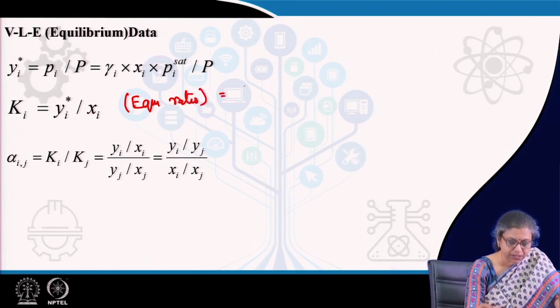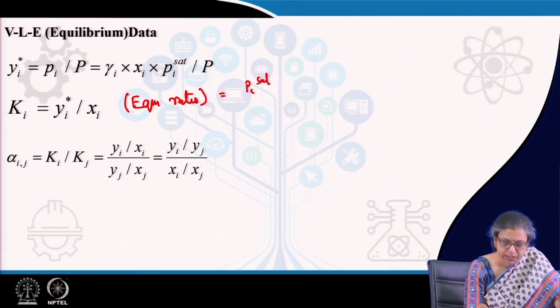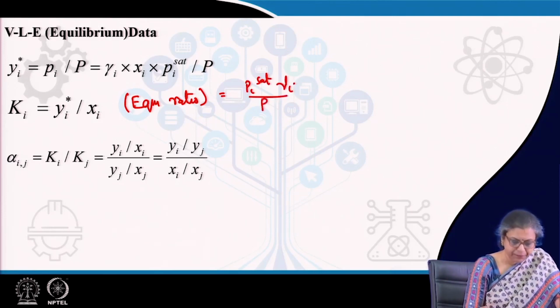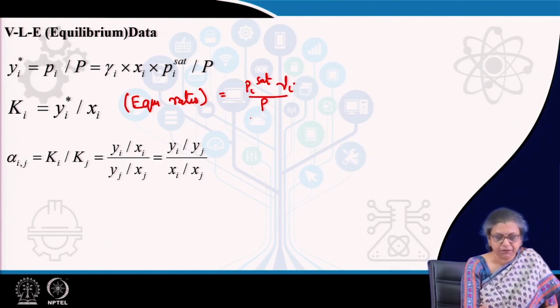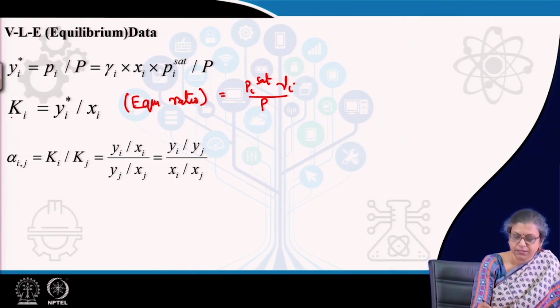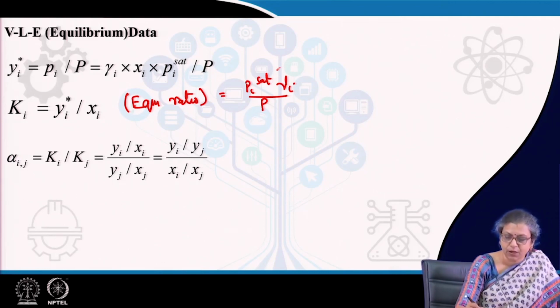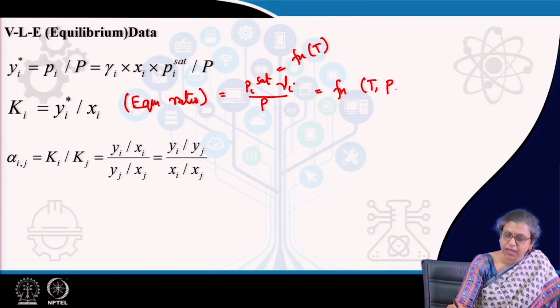For this particular case, this corresponds to P_i saturated gamma_i divided by P, right. And since this K_i is a function of P_i saturated, which is again a function of temperature, naturally K_i is a function of temperature, a function of pressure, and of course also a function of composition.